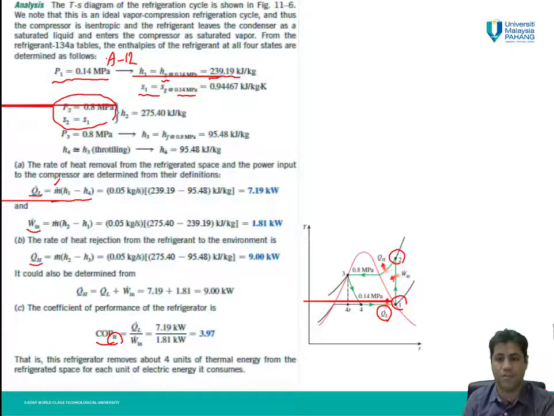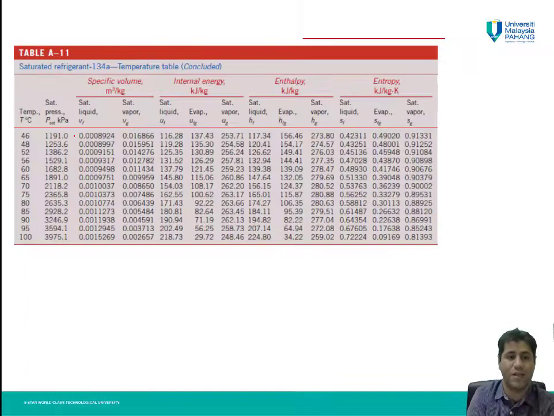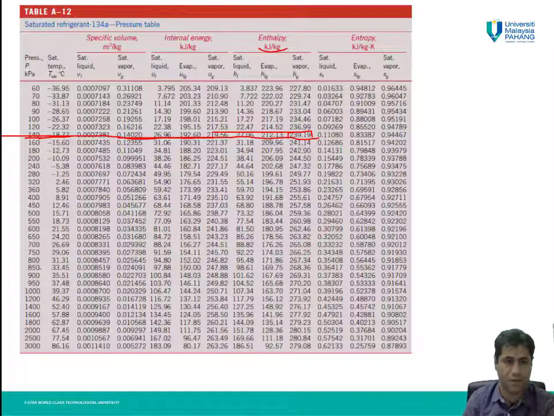First of all, we know this is in superheated region based on our knowledge about this ideal vapor compression refrigeration cycle. But also we can check it. How can we check this? The pressure we have here is 0.8 megapascal or 800 kilopascal. This is the pressure.